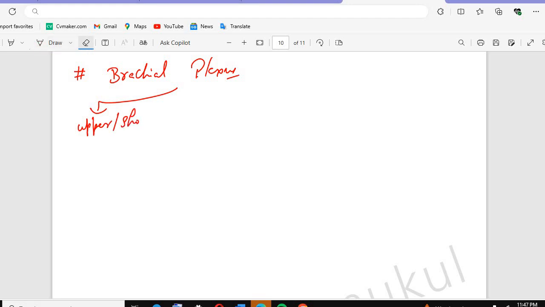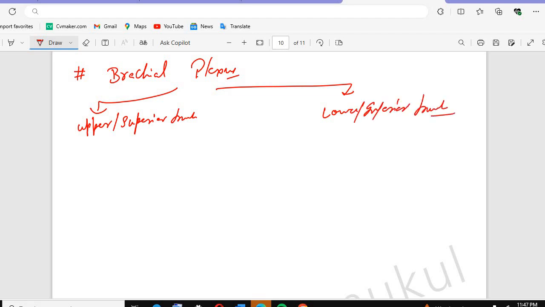So when we talk about the brachial plexus, okay, write down a little fast. Brachial plexus, we have the upper or the superior trunk, and we have the lower or the inferior trunk.